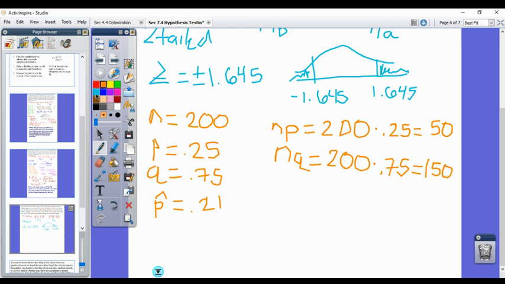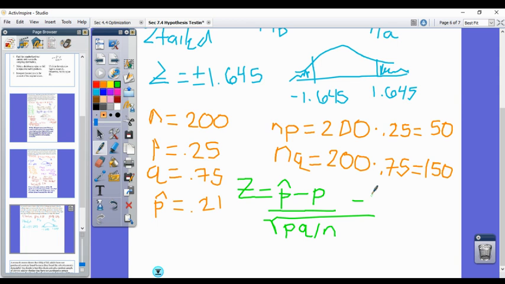All right, so now we can plug into our formula. So we're gonna be doing Z equals P hat minus P divided by the square root of P Q over N. Okay, so we're getting 0.21 minus 0.25, all divided by the square root of 0.25 times 0.75 divided by 200.